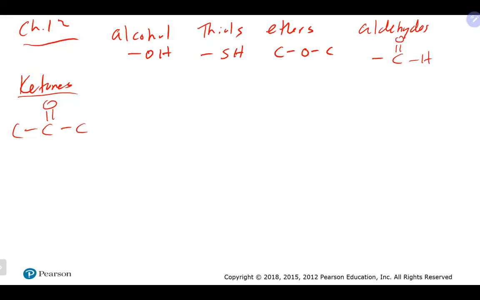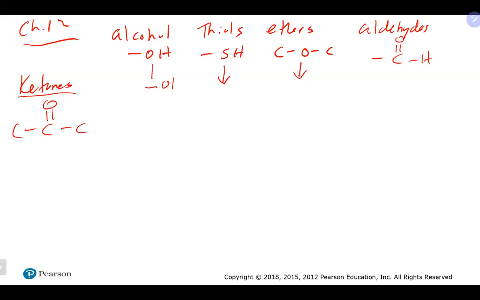So a reminder that for alcohols, as we've talked about, the name ends in OL. For thiols, you do not need to know naming, but you do need to know the reaction that we talked about, which is the 2 thiols coming together to form the disulfide bridge. Ethers, you don't need to do the IUPAC name.